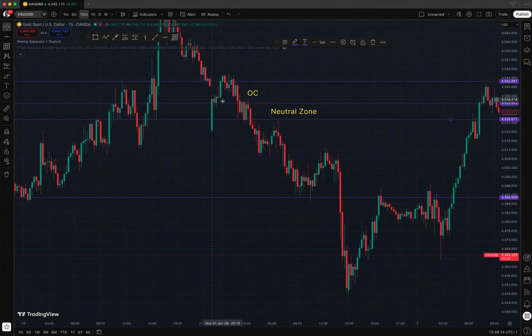Sometimes the price will just zigzag inside the opening channel until Monday, until Tuesday, and then go outside, either up or down. Sometimes it happens. But the price will never stay inside the opening channel until Friday. It never happened. The price has to move.